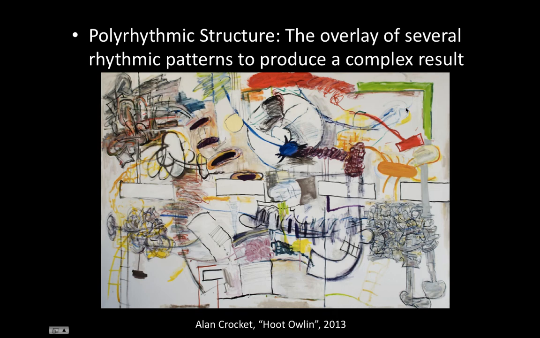Polyrhythmic structure is a more chaotic structure where there are several rhythmic patterns that produce a complex result. If we look here, there's repetition here, there's repetition here. Some repetition is not as exact, like this shape is mostly the same, and this shape here is mostly the same.